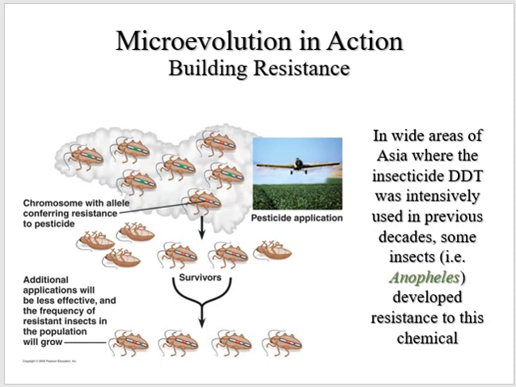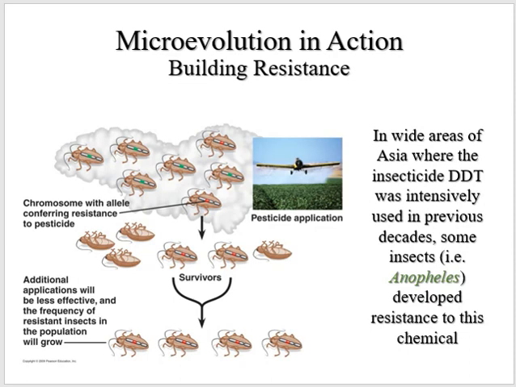So a great example of microevolution in action is pesticide resistance. Not only pesticide resistance, but herbicide resistance, insecticide resistance, and antibiotic resistance with your bacteria.